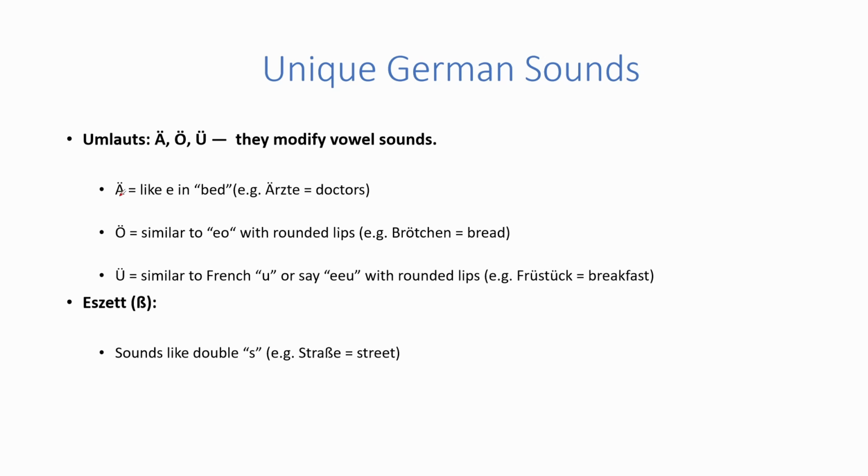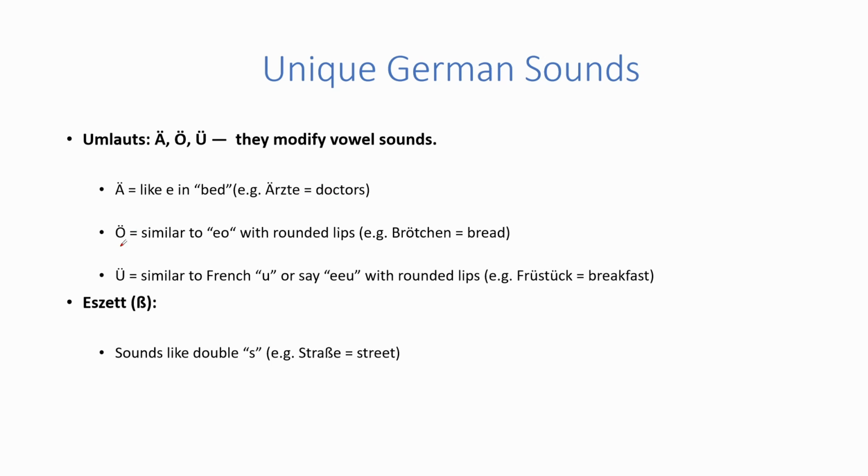For example, this A is pronounced as A in German, and the A with umlaut is pronounced as A, like the vowel in bed. Simple, right? For example, Ärzte. That means doctors.